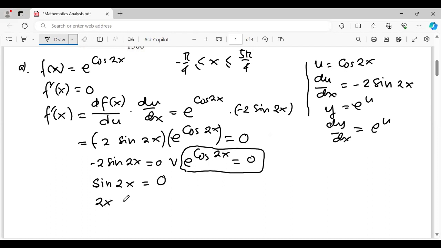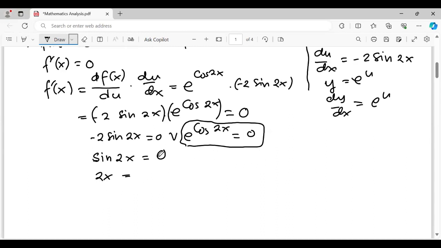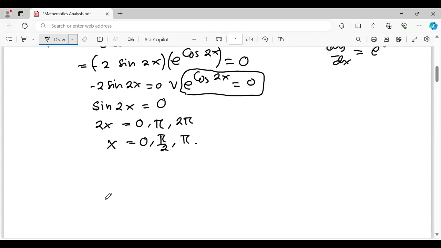So 2x equals 0, pi, and 2 pi, because sine 0 equals 0, sine pi equals 0, and sine 2 pi equals 0. Right, so x equals 0 divided by 2 equals 0, pi over 2, and 2 pi over 2 is pi. So this is the solution.